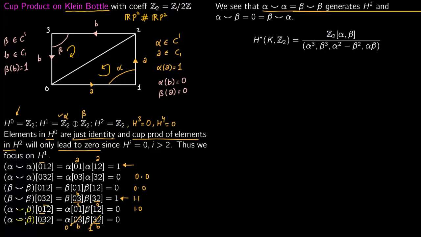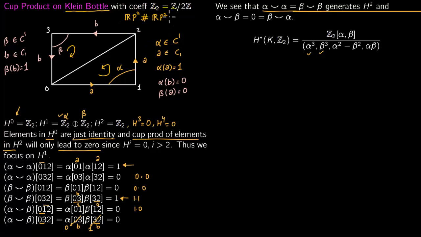So the graded ring structure: alpha cubed and beta cubed are 0 precisely because degrees 3 or higher are all 0. Alpha beta or beta alpha are also 0, and because they generate H2, we have alpha squared equals beta squared.